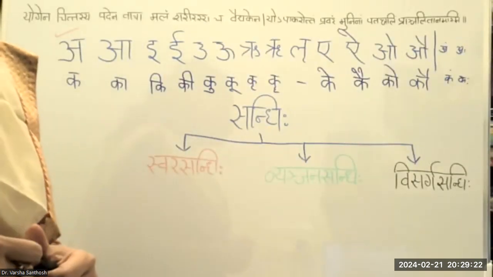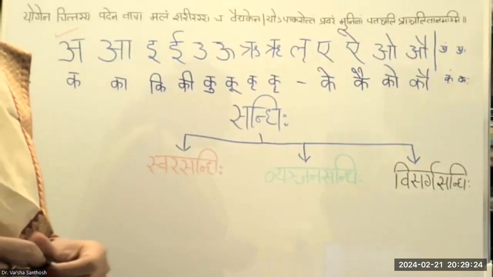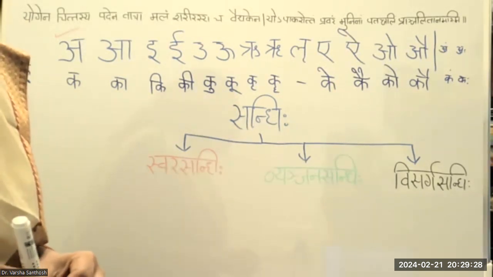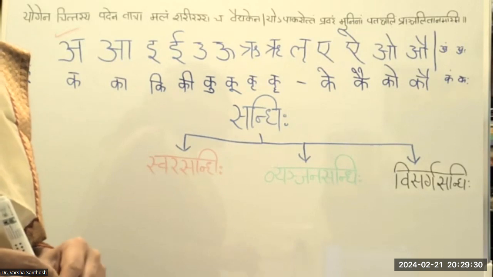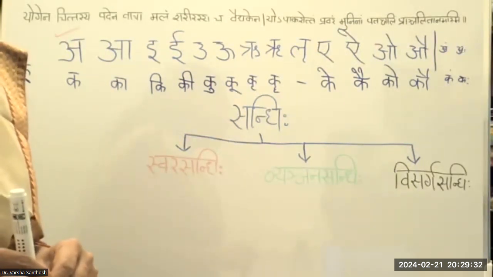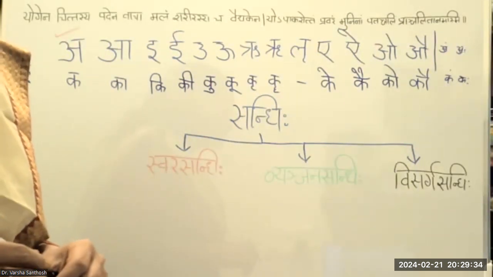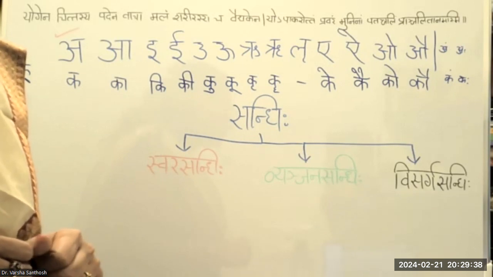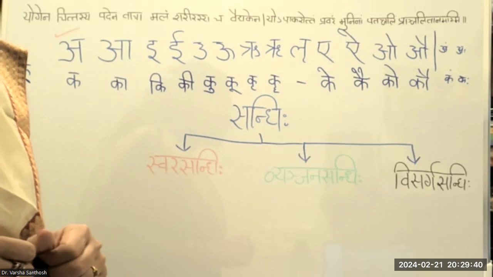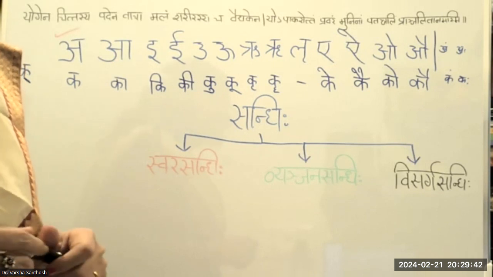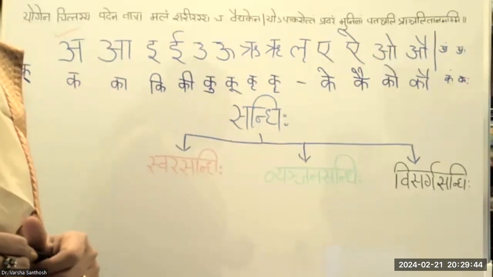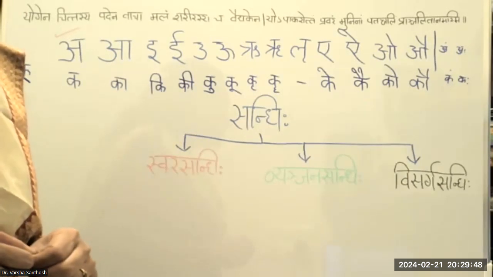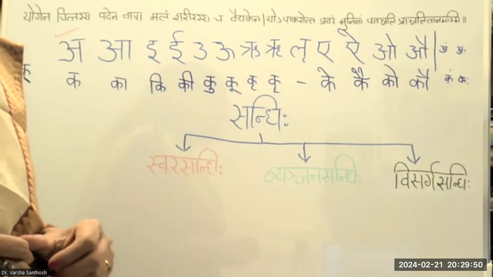Guruji, I'm really sorry to interrupt again. Just wanted to get everything clearly in my head. You said swara joining another swara is swara sandhi. So the same way, vyanjana joining another vyanjana is vyanjana sandhi. Am I right? Yes. Then what is visarga joining another visarga? It is visarga sandhi. No, when visarga is involved in some word, that time is the visarga sandhi. Visarga cannot join another visarga, right?